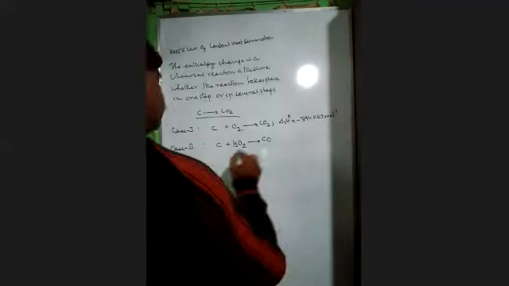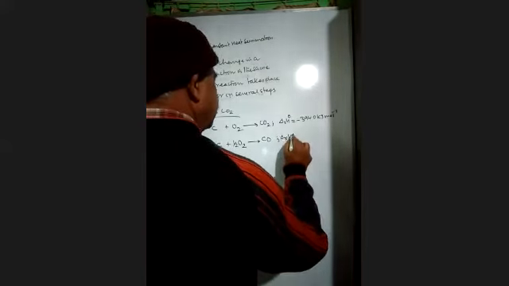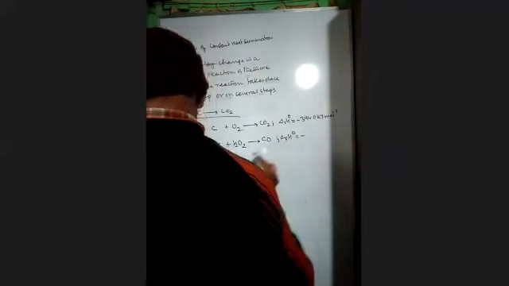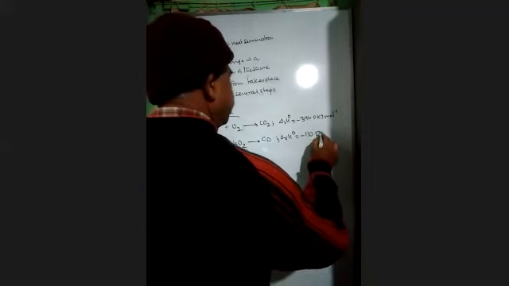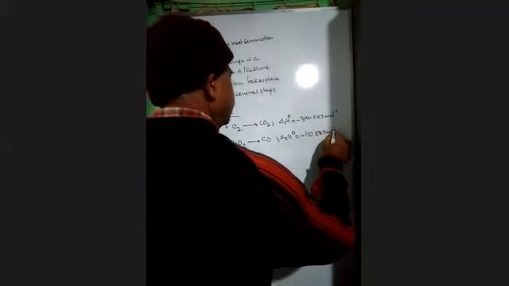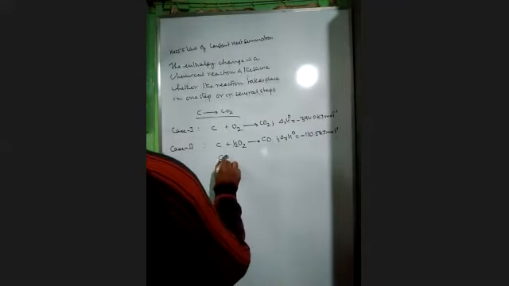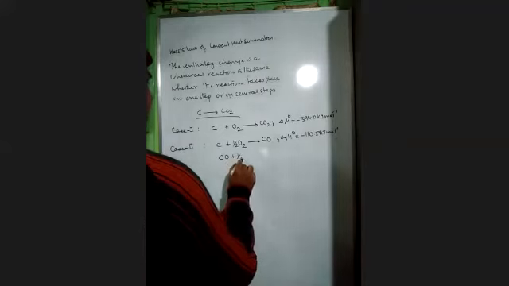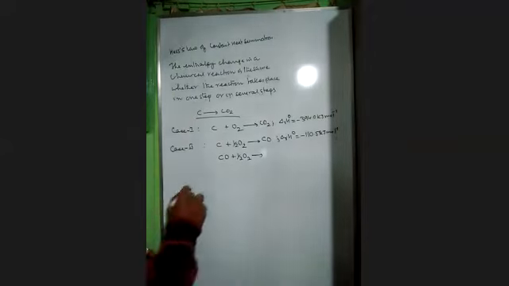So here, enthalpy of reaction is minus 110.5 kilojoule mole inverse. And this carbon monoxide can again burn. You have seen that carbon monoxide, when it burns, gives you a blue flame.